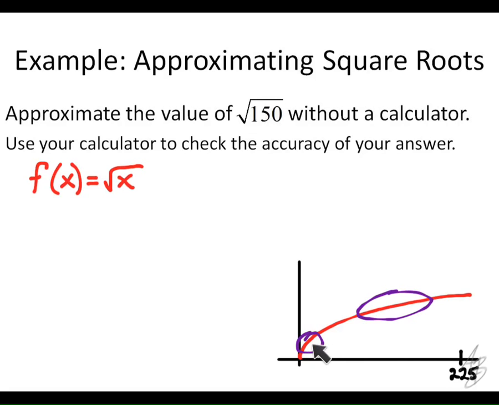So the second derivative is negative, but it's curving more. And we measure curvature by taking the second derivative. So it's curving more here. So even though we were closer to the point here, since it's curving more, this part of the curve is less like a line than this part.